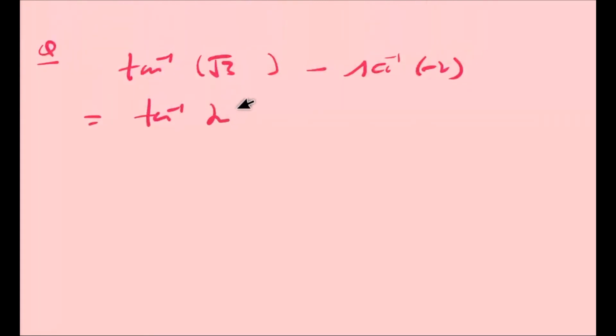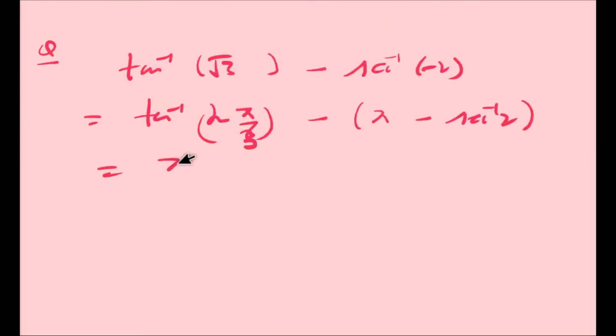Okay, now take another question. Let the question be tan inverse root 3 minus sec inverse (−2). Now the value of root 3: that is tan 60 degree, that is tan pi by 3, minus, and sec inverse of a negative we know is pi minus sec inverse 2. So we can write here pi by 3 minus pi plus sec inverse 2. What is the value of 2?